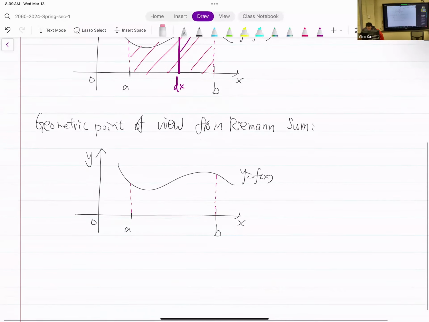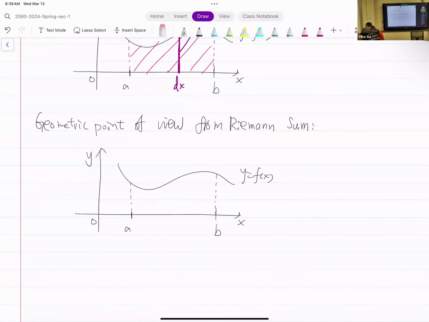Basically, divide the closed interval from A to B into n equal pieces, okay? Actually, to do the subdivision, you don't really need equal pieces, but you can make this choice: n intervals with equal width.